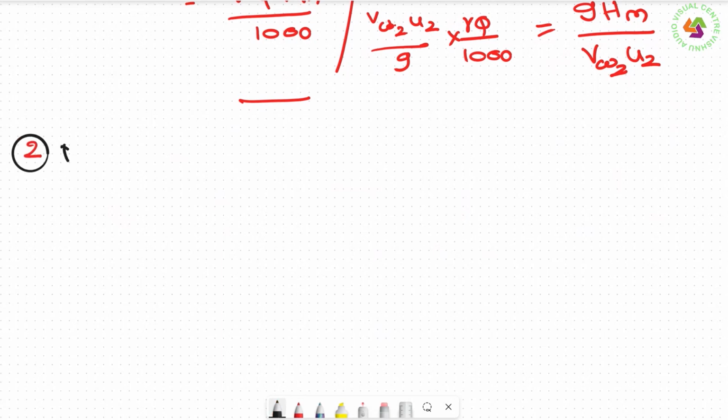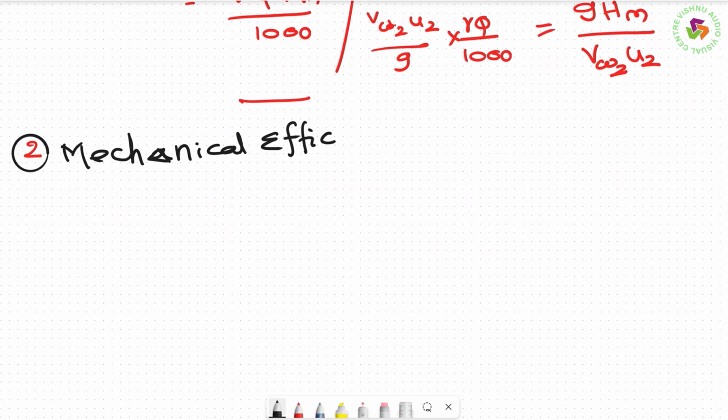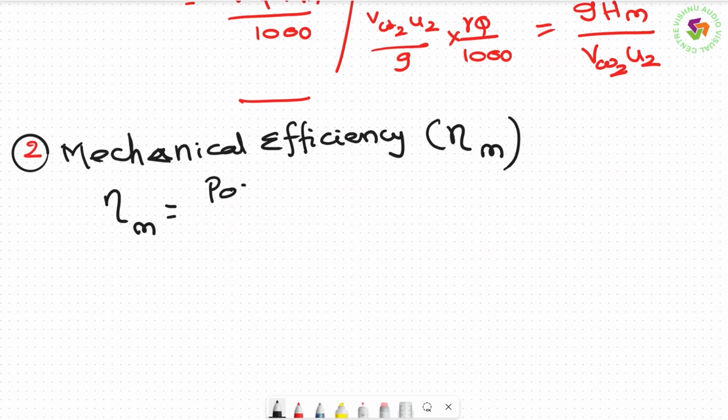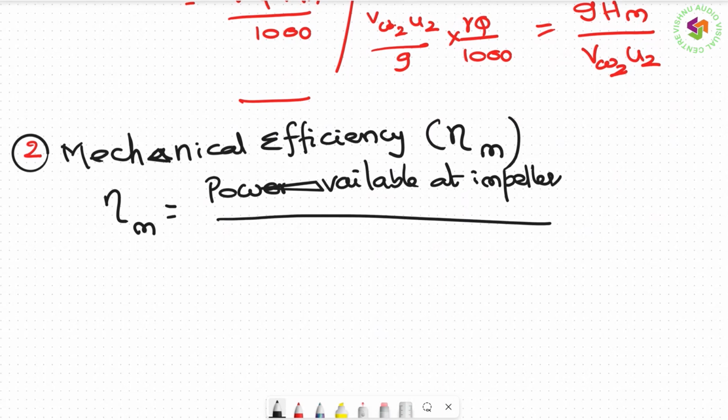This is mechanical efficiency, only for definition's sake. Mechanical efficiency is equal to power available at the impeller divided by power available at shaft.